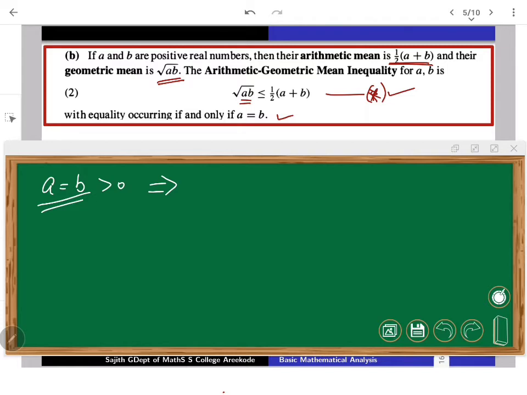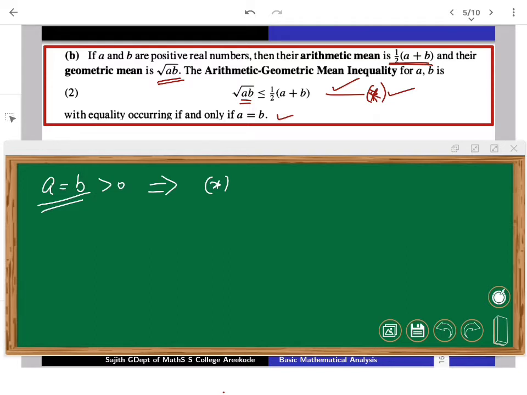If you just evaluate it, 2a by 2, assuming this side also positive, square root of a squared, so you will be getting equality. So if a is same as b, then also star holds. So that completes one part actually. If a is differing from b, we will get star. Even if a equals b, then also we are going to get star. So star holds from that side.